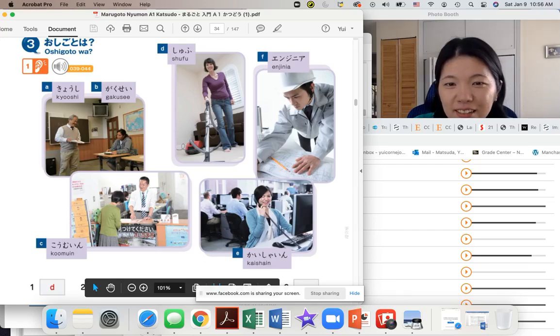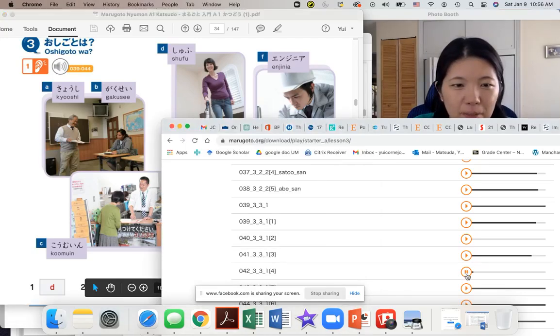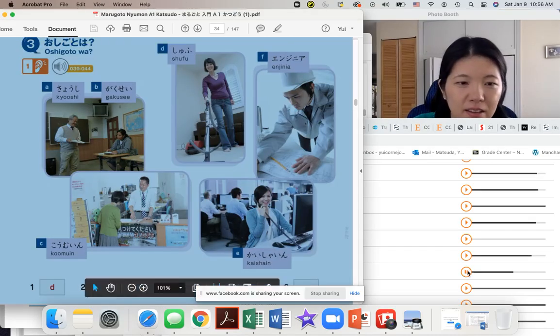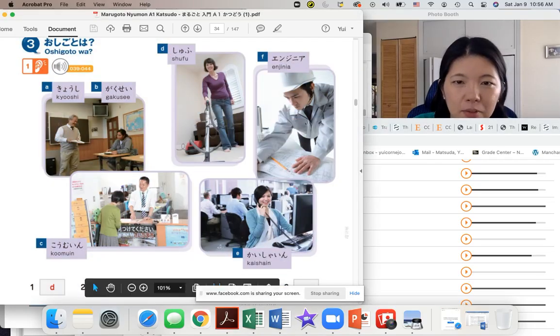So, お仕事は, again the shorter version. 会社員です。I'm an employee. コンピューターの会社です。So at a computer company, can't tell from that, but that's what he said.